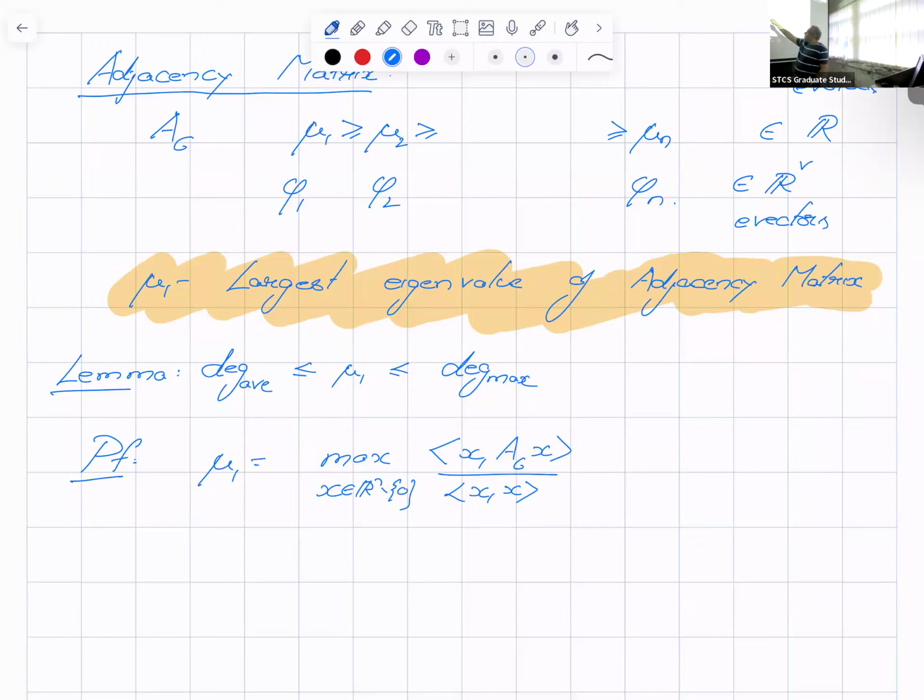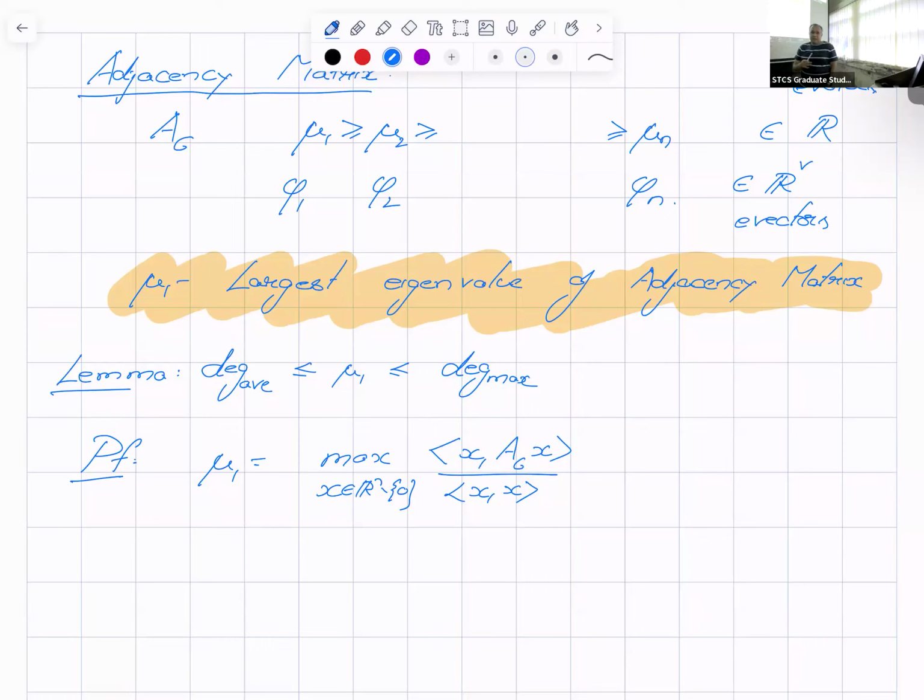The reason I'm giving this lemma is that I'm going to use the Courant-Fisher characterization several times. Suppose I want to show mu_1 is larger than the average degree. What does it suffice to show? It suffices to show some x for which this ratio happens to be d average. If I show that, then this is true.